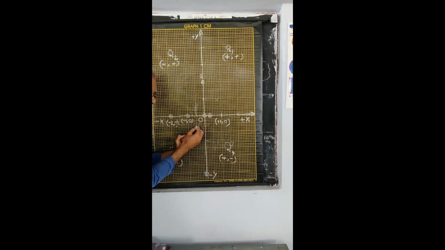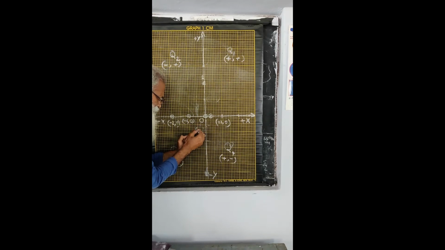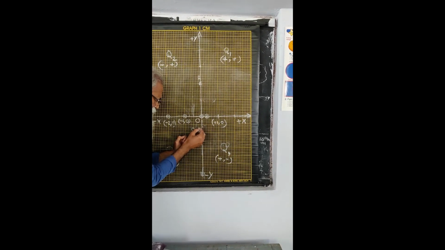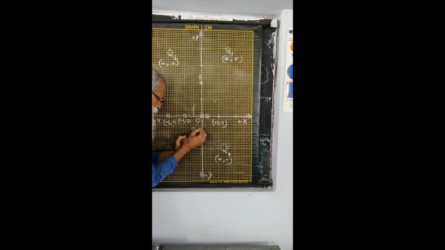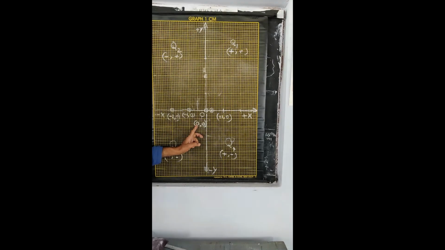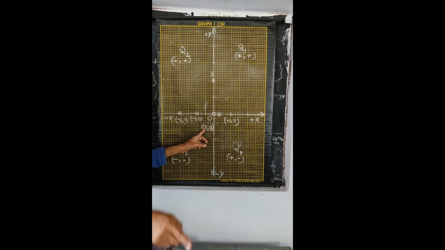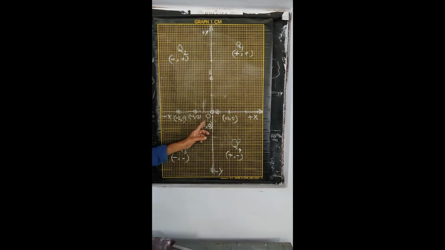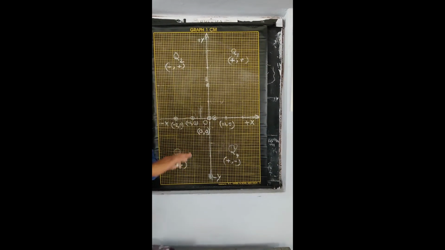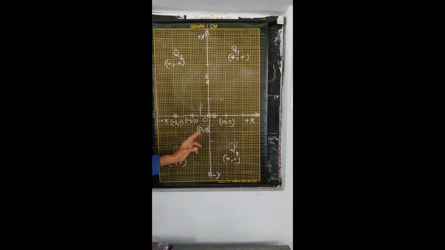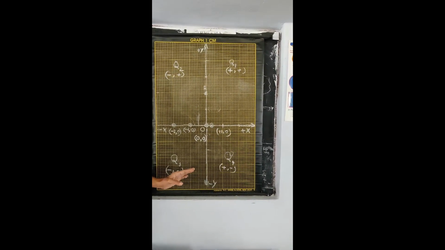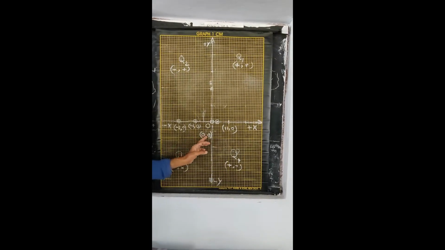So the first number always tells us the x coordinate, and the second number always tells us the y coordinate, and this is called an ordered pair, because the first number is always equal to the x coordinate, and the second number is always equal to the y coordinate. That order should not be changed. If you switch the order, the answer would be wrong. Be careful. So this is called an ordered pair.